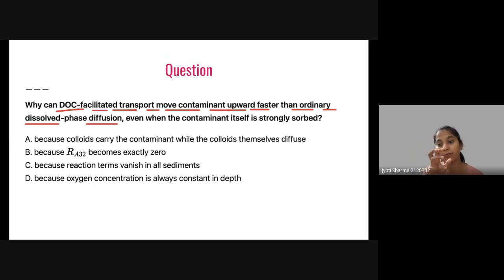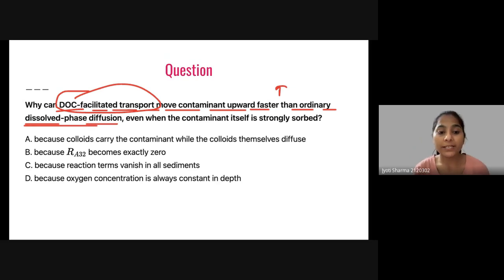Your contaminant will be on the solid part, and if that solid part is organic rich, that may also facilitate some movement of your contaminant, even though the contaminant itself is strongly sorbed. Why is this part moving your contaminant faster than ordinary dissolved phase diffusion?